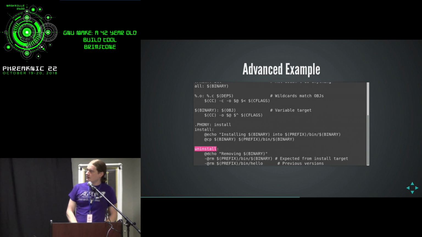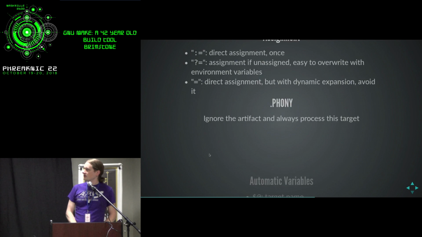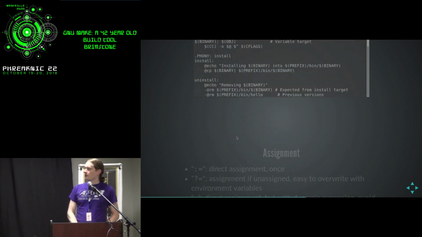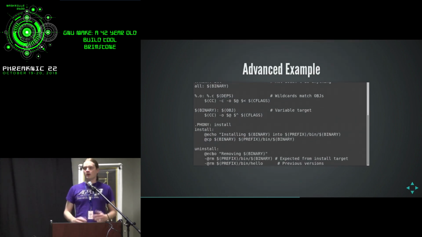And then in this uninstall target, we can see that there's a couple of different rule prefixes that we can use. There's a single hyphen that you can put in front of your rule, which then ignores any failures of that command, just pretends that it passes. And then there's an @ sign which hides the output of that command. So we don't need to tell the user that we're echoing out to the screen, removing the binary.